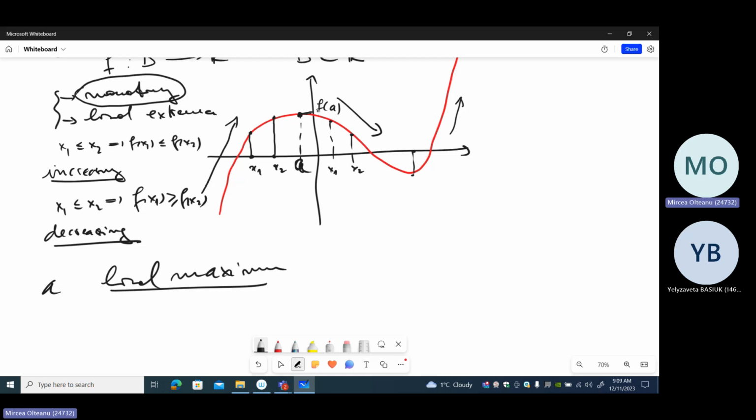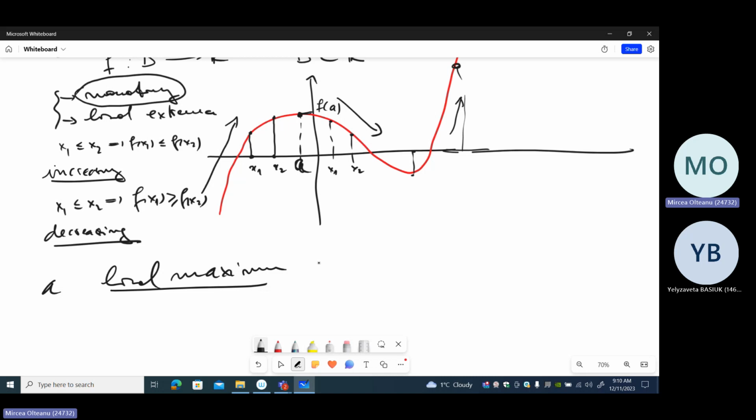That means the value of f at A is the greatest around this point. It is not necessarily the greatest value of the function because, for example, here at this point, the function takes a greater value, but that is not local.